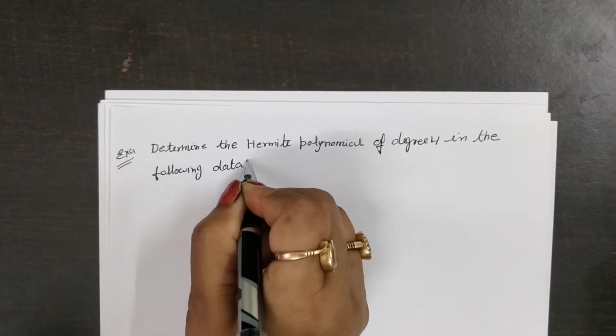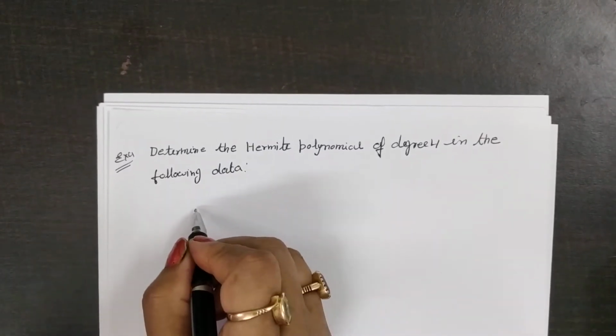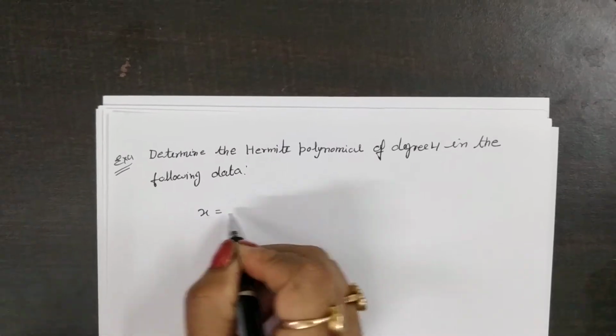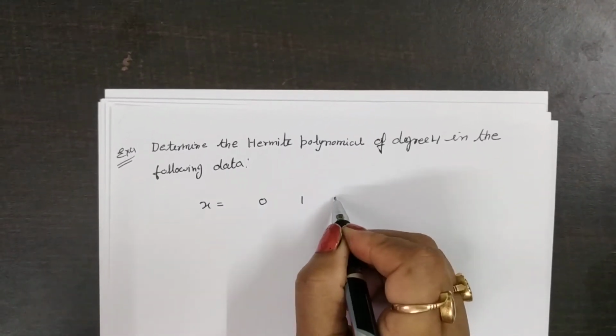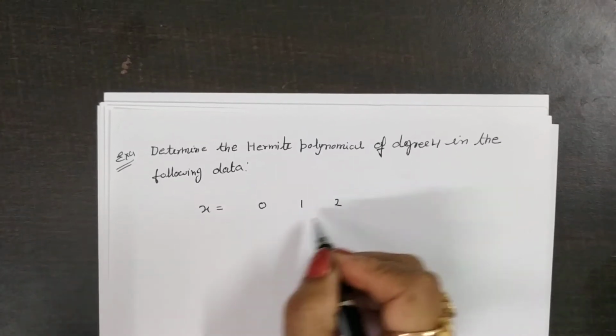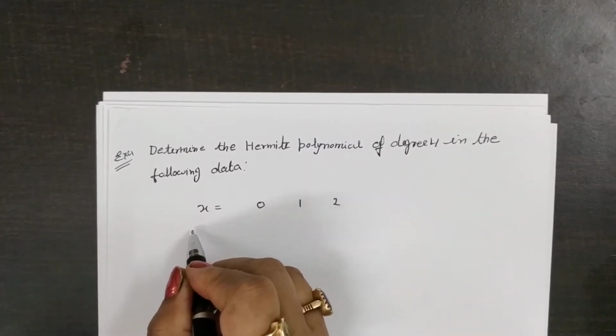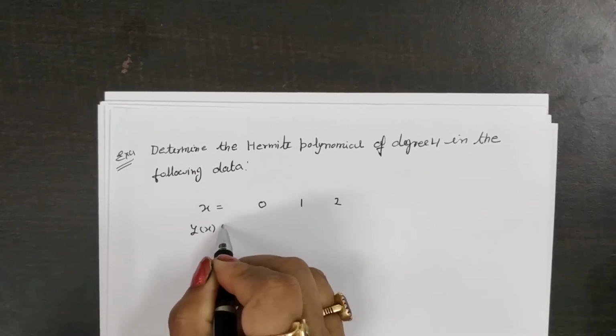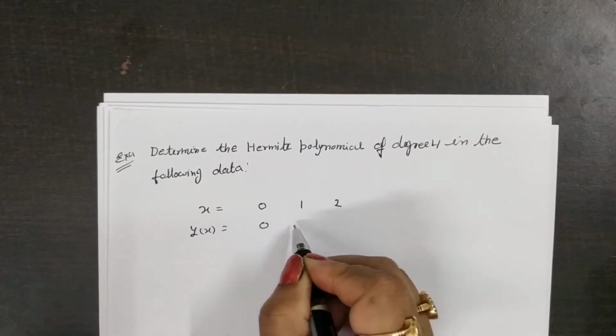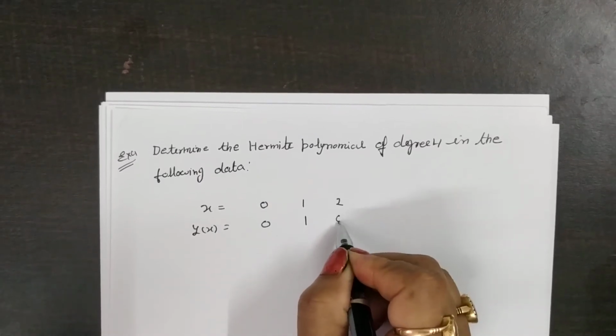The data are given as x equals 0, 1, 2, and the corresponding y(x) values are 0, 1, 0.